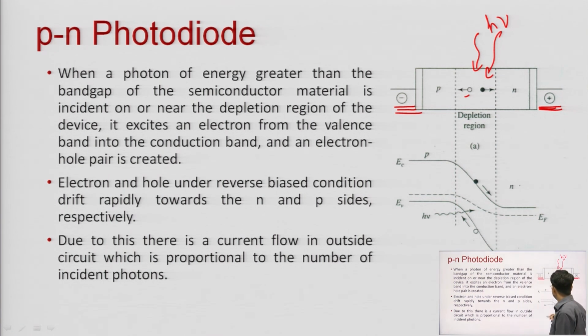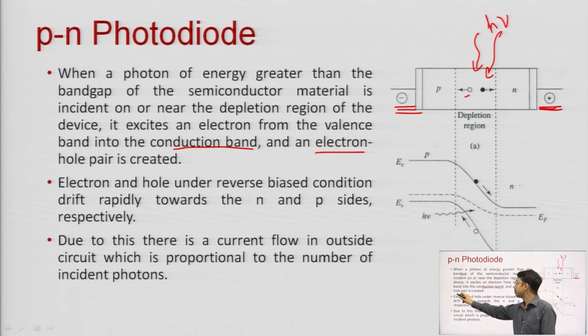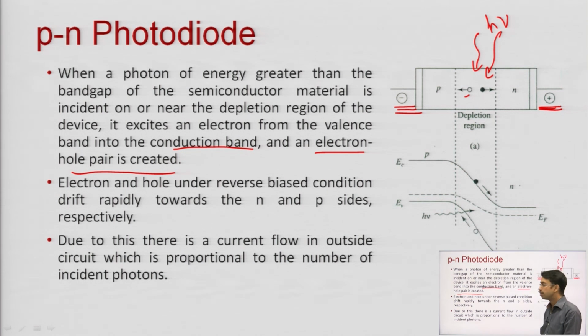Okay. And the same is explained using energy band diagram. As you can see, when a photon of energy greater than the band gap energy of the semiconductor material is incident near the depletion region or on the depletion region, it excites an electron from valence band into conduction band and an electron hole pair is created. This we all know, very easy.